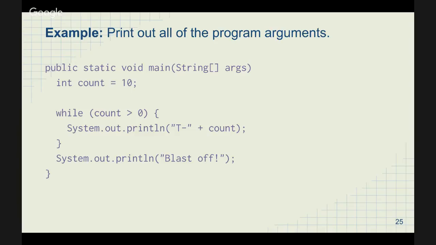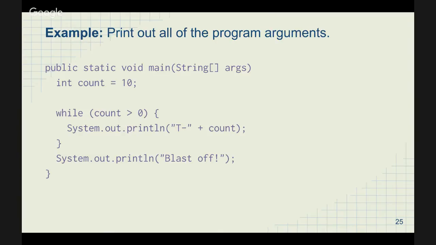So let's talk through what this does. It starts at 10. While count is strictly greater than 0, System.out.println T minus whatever our count is. And then at the end, we blast off. What's not going to change? Count's not going to change. So this is called an infinite loop.